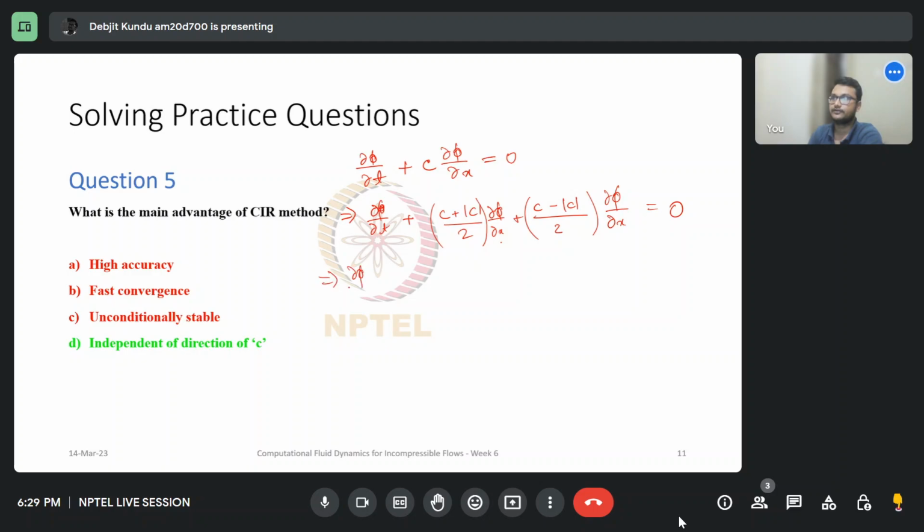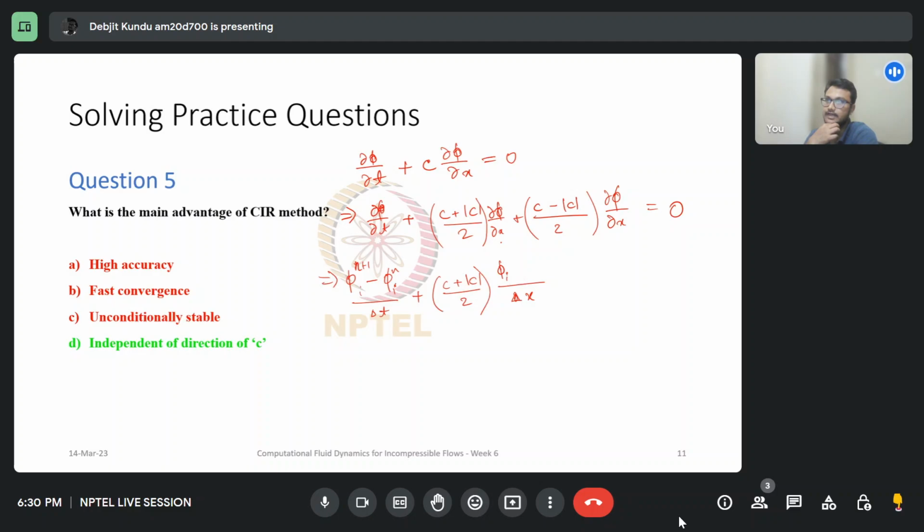We discretize this ∂phi/∂t using a forward in time formulation, and for this particular term where we have C plus mod C by 2, when C is greater than 0, we will use a backward in space formulation.